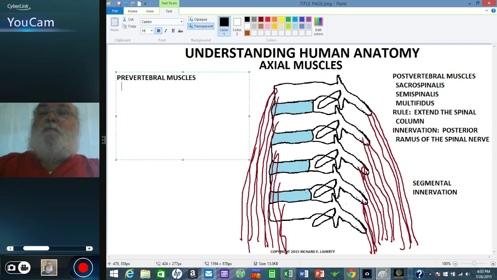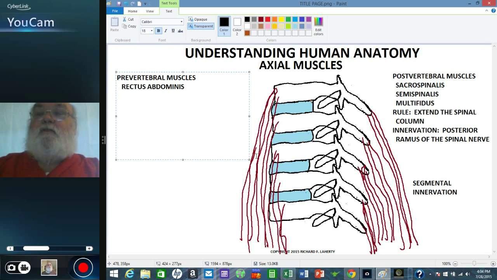Muscles in this group would be muscles like the rectus abdominis. That's the muscle that forms the six-pack in well-conditioned individuals. Now this muscle doesn't attach to the vertebral column, it attaches to the sternum, but it is definitely prevertebral.